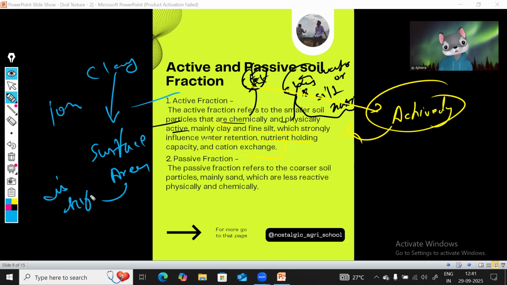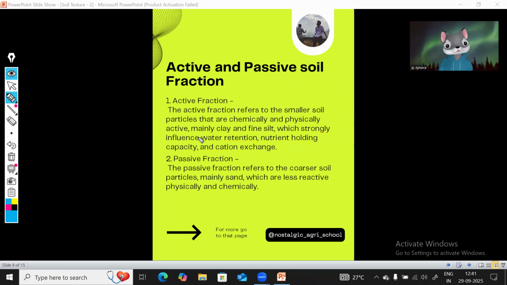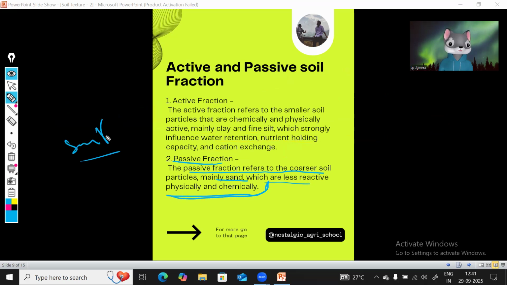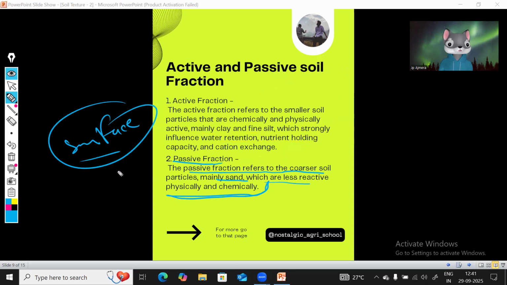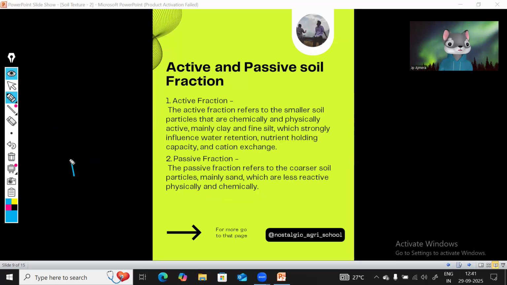Passive fraction refers to the coarse soil particles, like sand, which are less reactive physically and chemically. The surface area is less, so they will not take part very much in exchange.